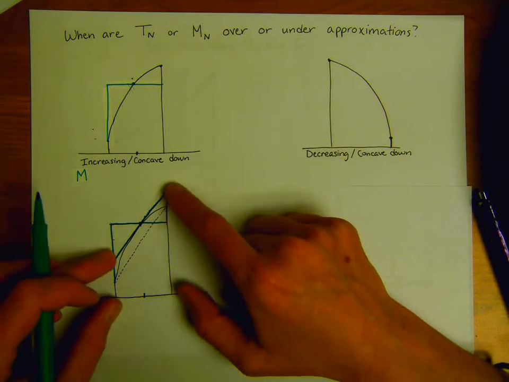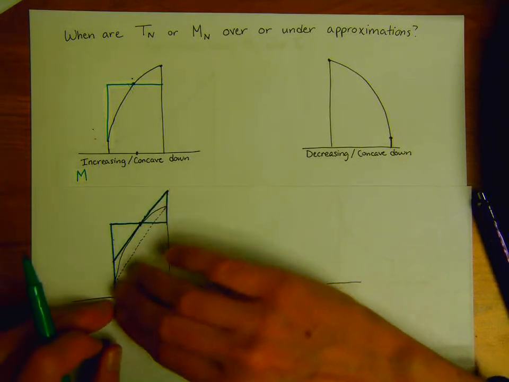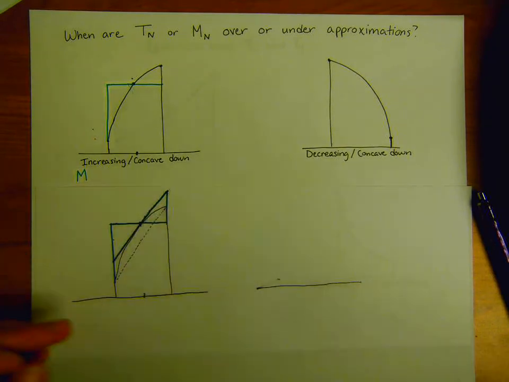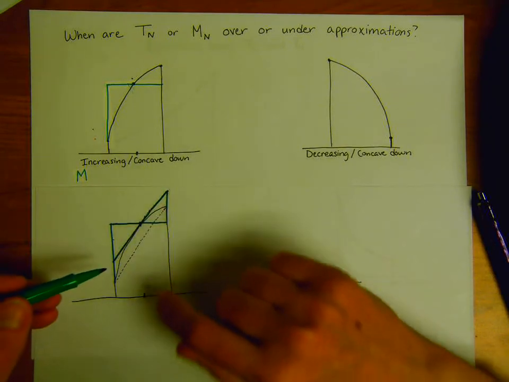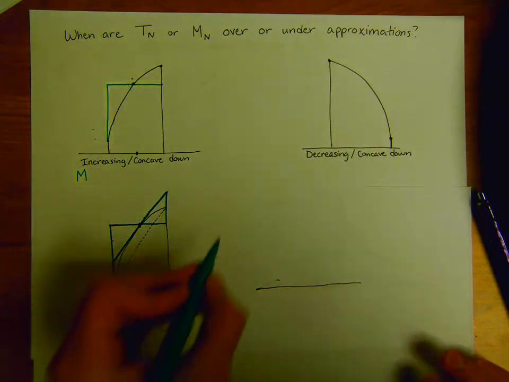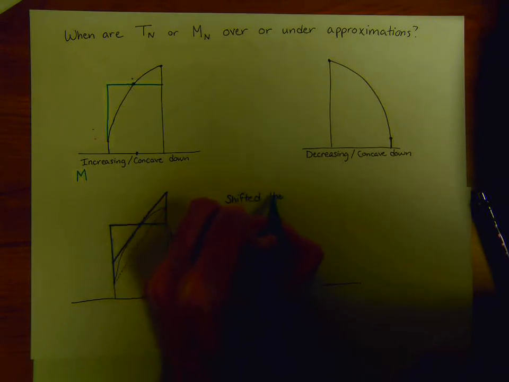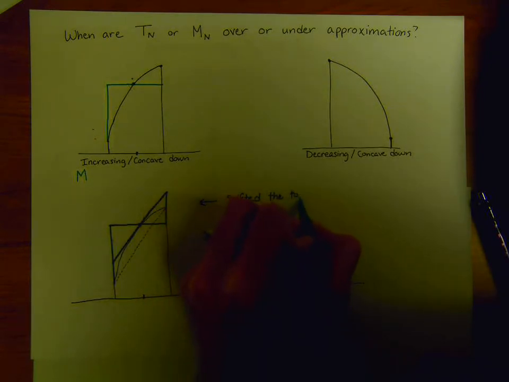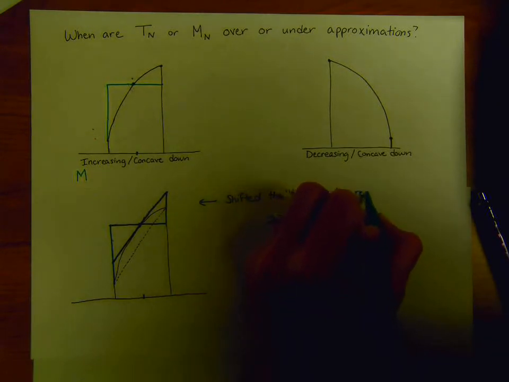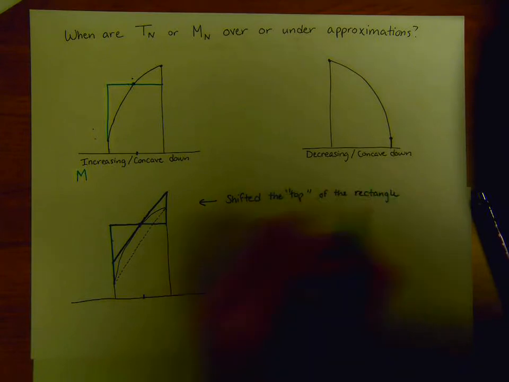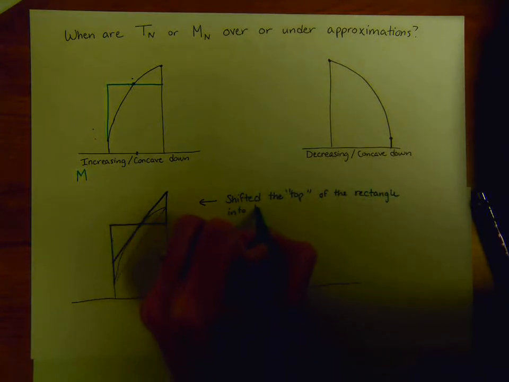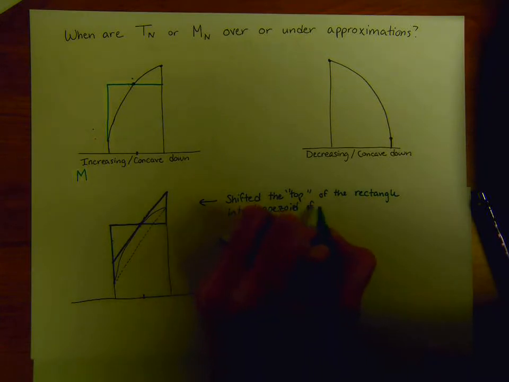Notice that this figure is slightly different than what the trapezoid rule yields. So for this particular shape, what did I do? I shifted the top of the rectangle into a trapezoid of equivalent area.